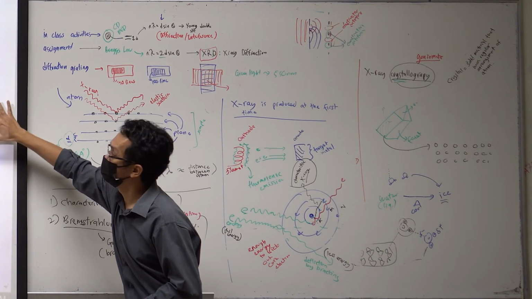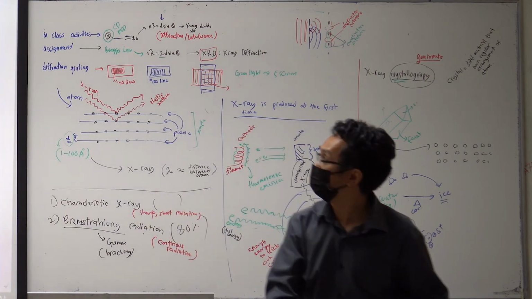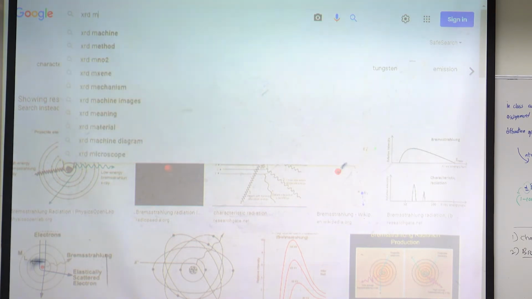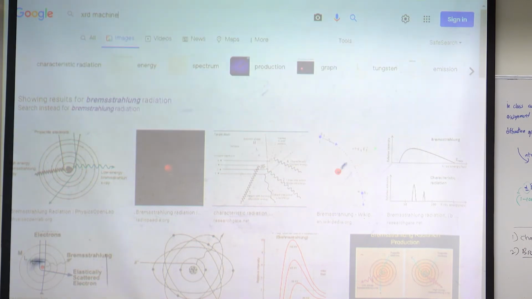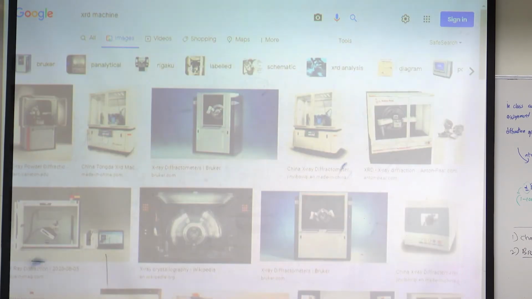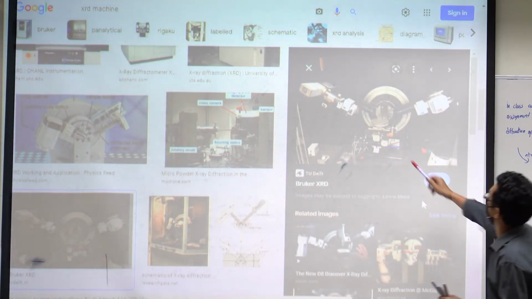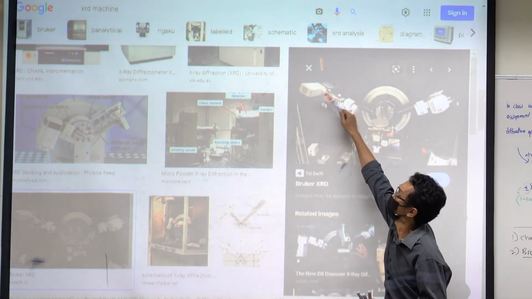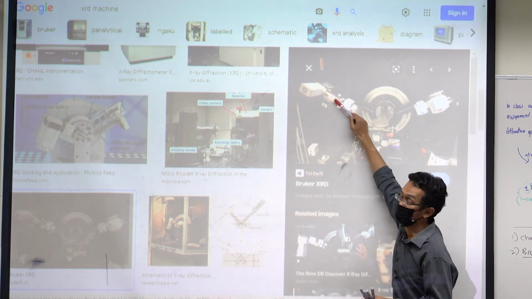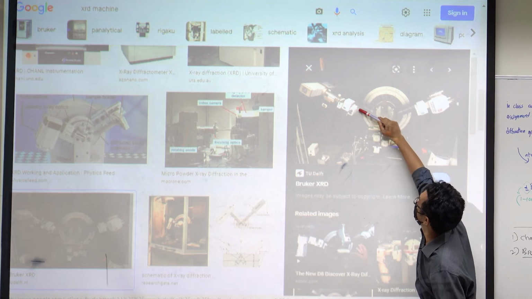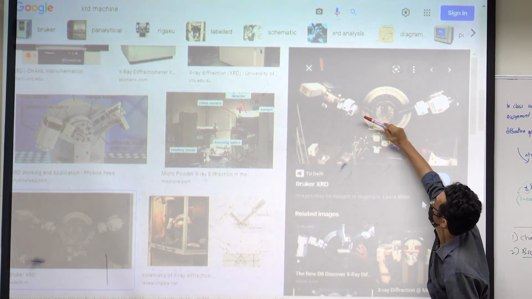This is how you create the X-ray. When you see the picture before, the XRD machine, where is this? The X-ray is produced here. The target metal and so on happen here. The production of X-rays happens here, giving the characteristic and also the Bremsstrahlung.